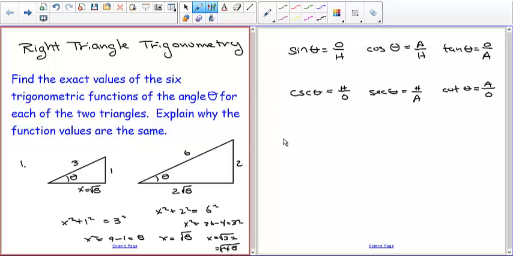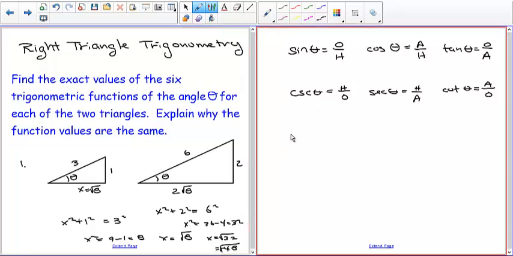No big surprise there. Okay, so here we go. So this is for problem 1. The sine of theta is opposite over hypotenuse. Let's use this one.